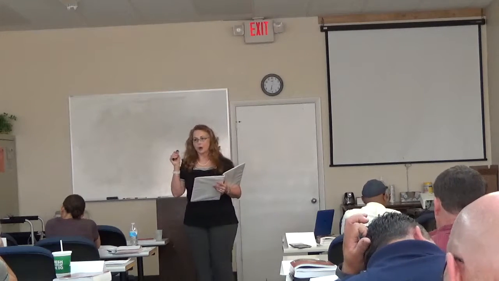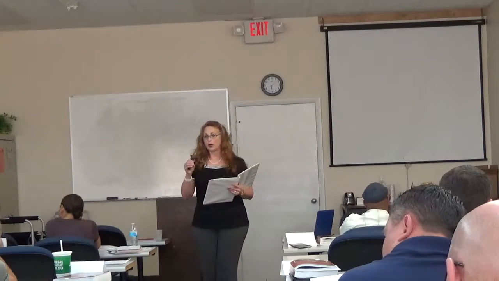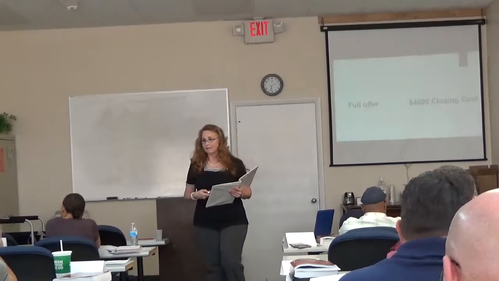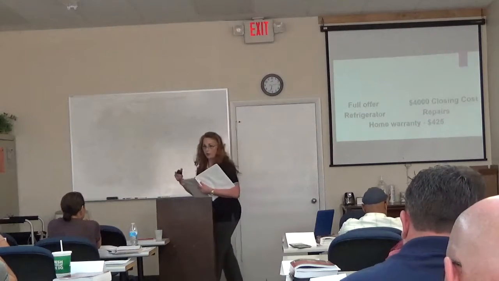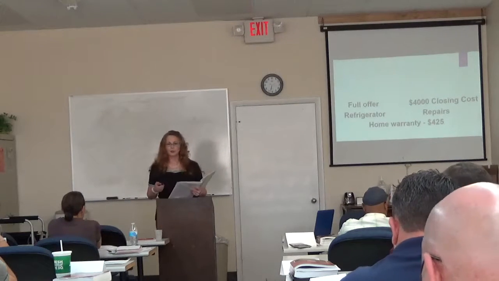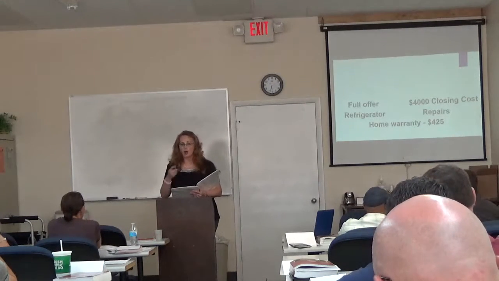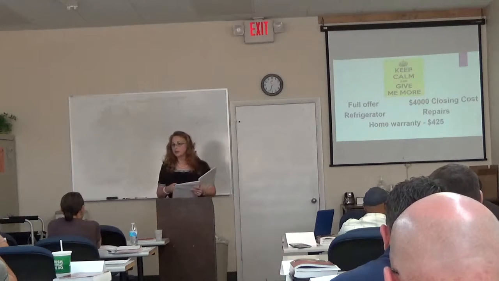They also wanted that really nice, expensive refrigerator located in the kitchen, and they wanted a home warranty for $425,000. So this is a little review here. They're going to place a full-price offer with $4,000 worth of closing costs, the refrigerator and repairs, and a home warranty. They probably wanted as much as they could get.